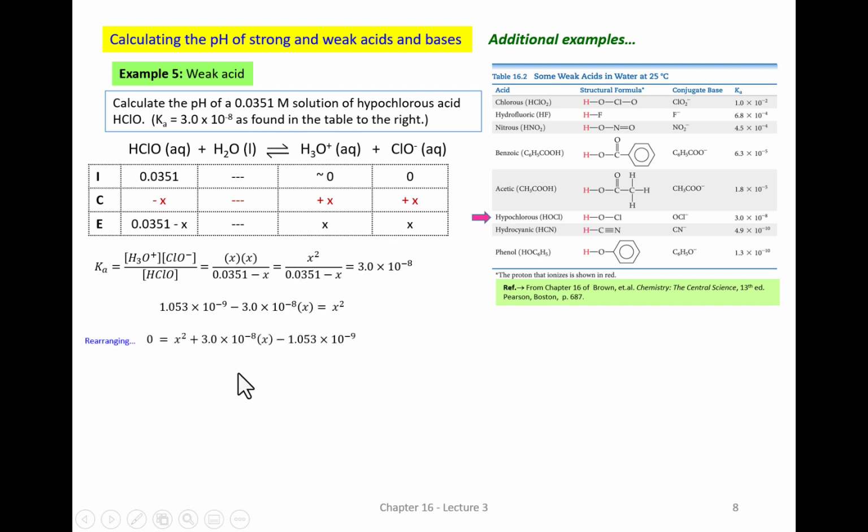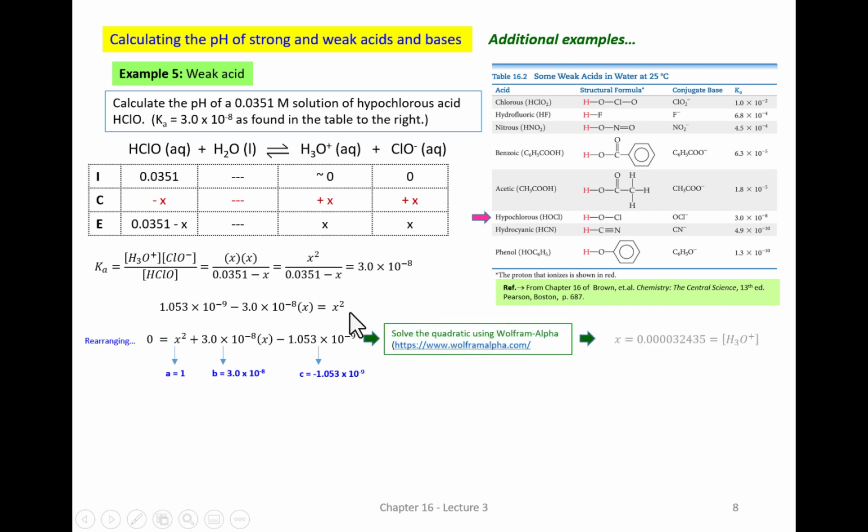Now if we solve for x, and again, this is doing way too much work here, we could just put this original equation into Wolfram Alpha, and we find out that x is 0.000032435, taking some liberties with significant figures.